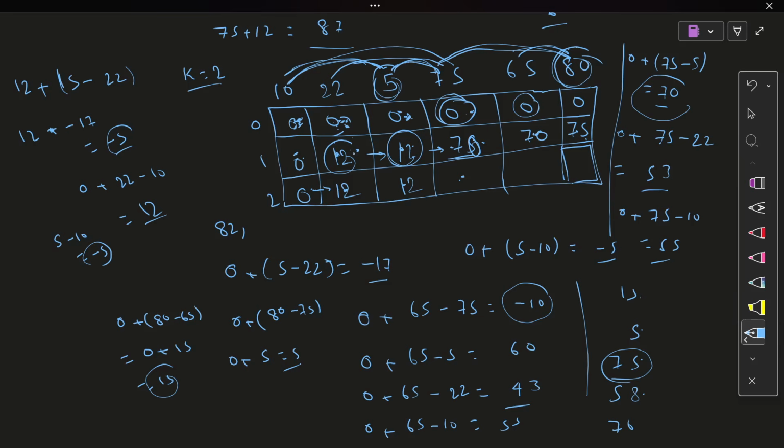And again, for here, one transaction is completed, the next one is this transaction. 12 plus this one, 75 minus 22. How much? 75 plus 12, 87 minus 22. Okay, 75.